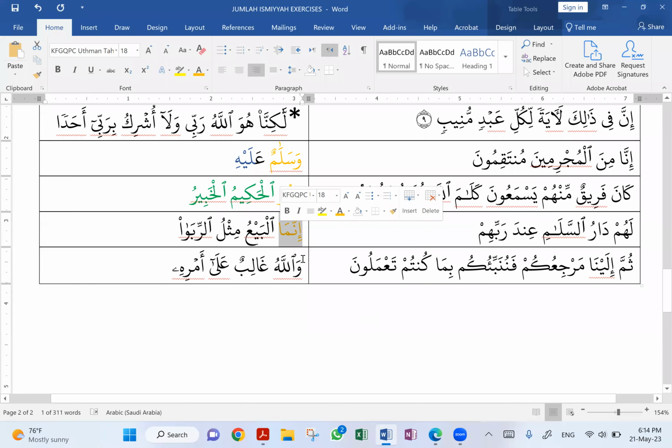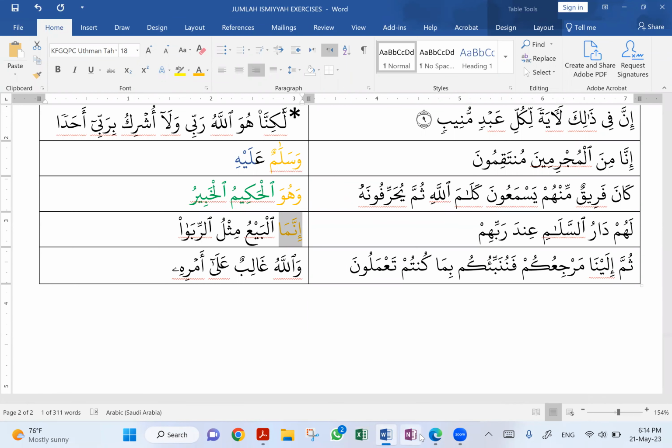Okay. Innama ism mawsul. Bay'u mithlu. It's innama al-bay'u mithlu is a mubtada because it's ism mawsul and silatul mawsul. Sister Ilham, am I correct? So this ma has a different meaning. But yeah, you're right. So this whole thing would be the mubtada.